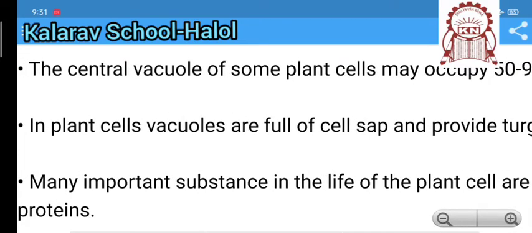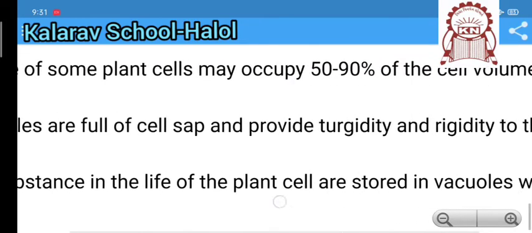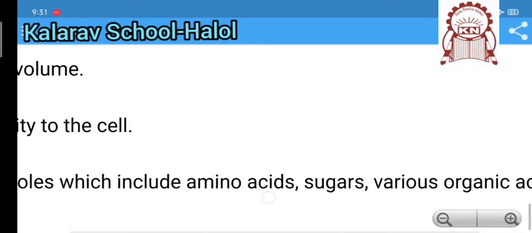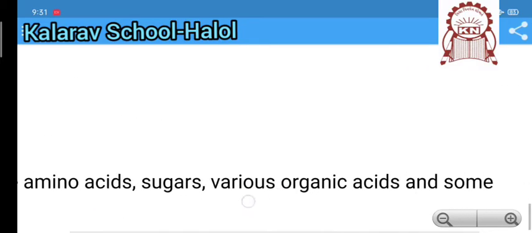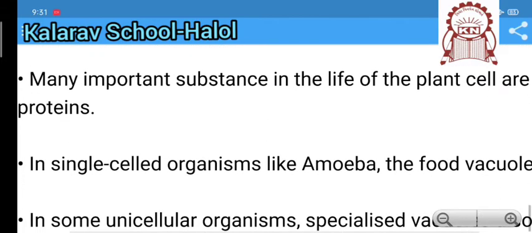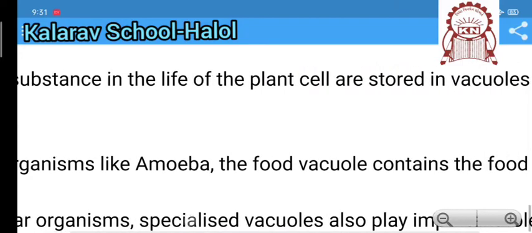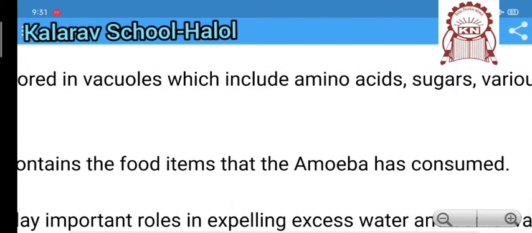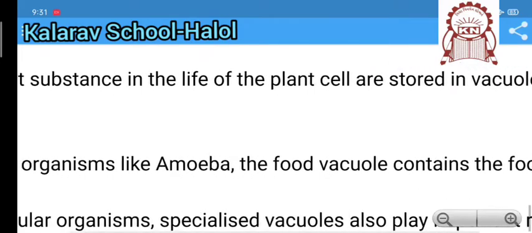Many important substances in the life of plant cells are stored in vacuoles, which include amino acids, sugars, various organic acids and some proteins. In single-celled organisms like amoeba, food vacuoles contain the food items that the amoeba has consumed.